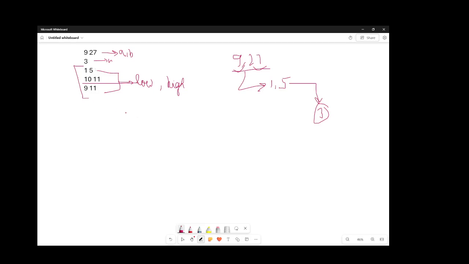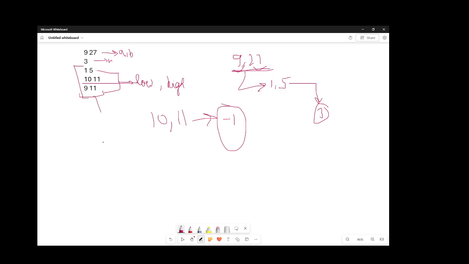And if we look here at 10 and 11, 11 doesn't divide 9 and 27, and 10 also doesn't divide these. So the answer would be -1.